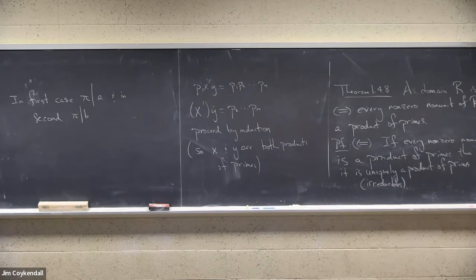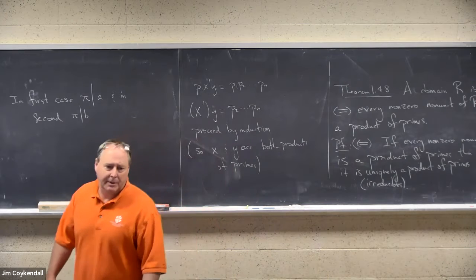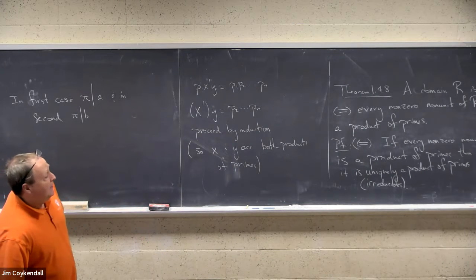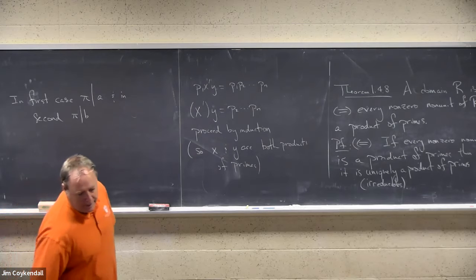There is a slight incompleteness in my proof because I'm assuming that neither A nor B is a unit, but if A or B is a unit, it makes my life easier. Right? Because, for example, if A is a unit, then pi must divide B, and if B is a unit, pi must divide A. And they can't both be units, because then it's not irreducible or not divisible by any irreducible.